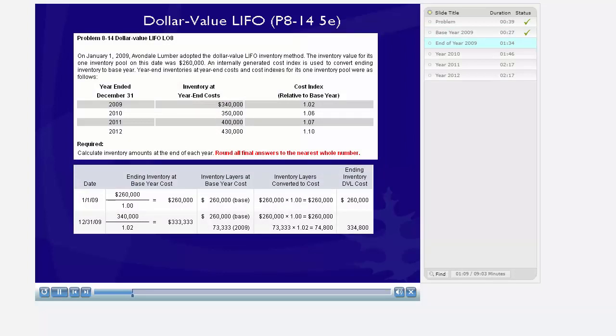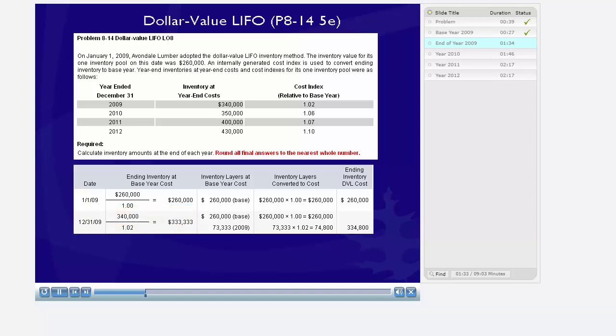Okay, now at the end of 12/31/09, we know we had inventory at year-end cost of $340,000, but with a cost index of 1.02, we divide 340 divided by 1.02 to come up with ending inventory at a base year cost of $333,333.